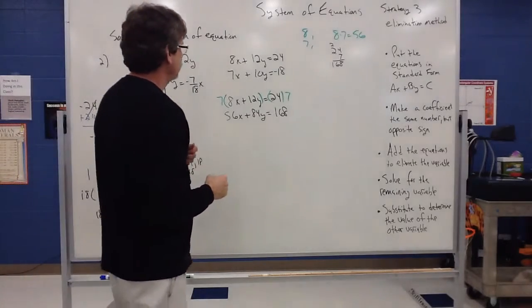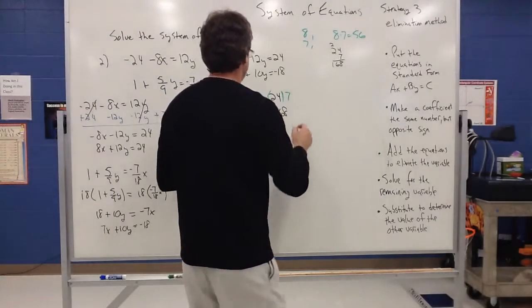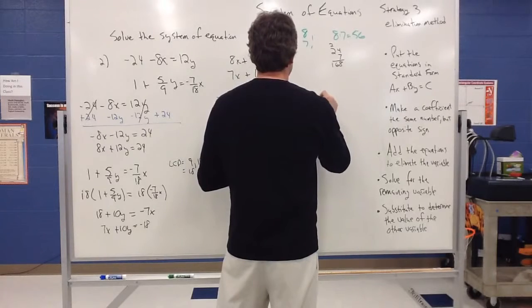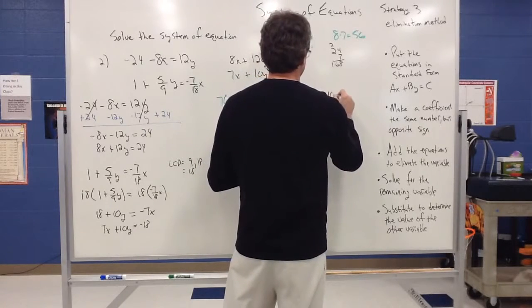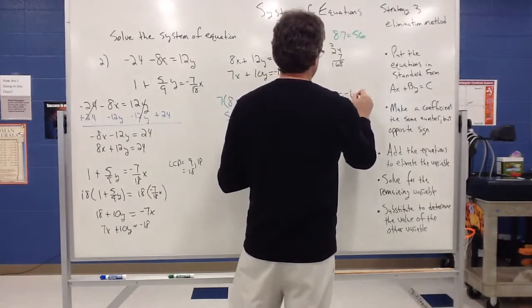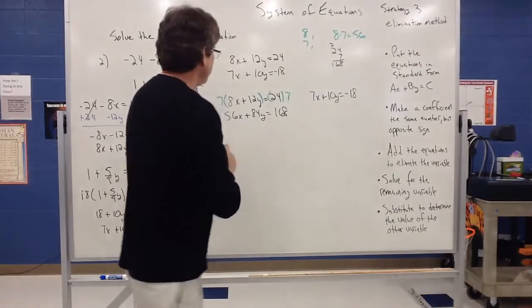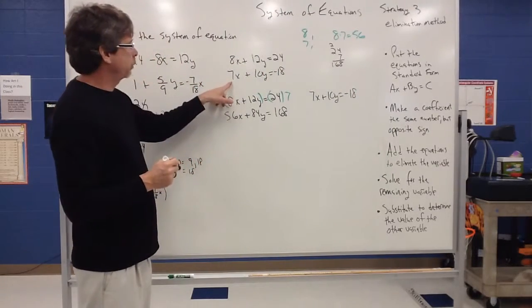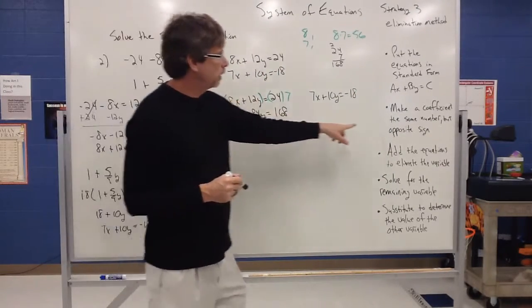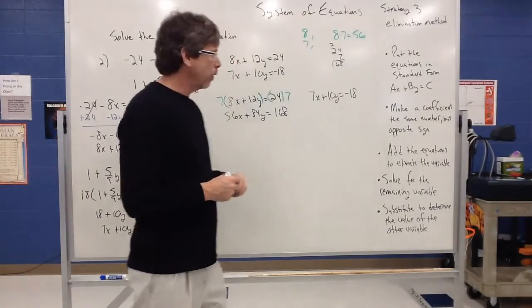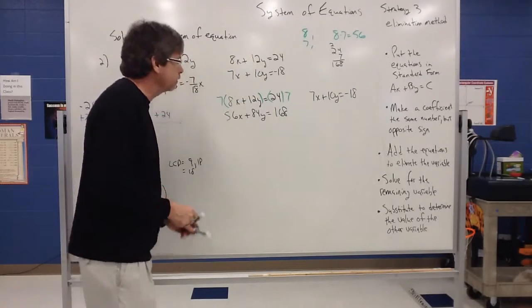Now I'm going to this other equation. I have 7x plus 10y is equal to negative 18. And what I want to do is make it a 56 as well, but notice that I want it to also be opposite in sign. So I'm going to multiply by a negative 8.